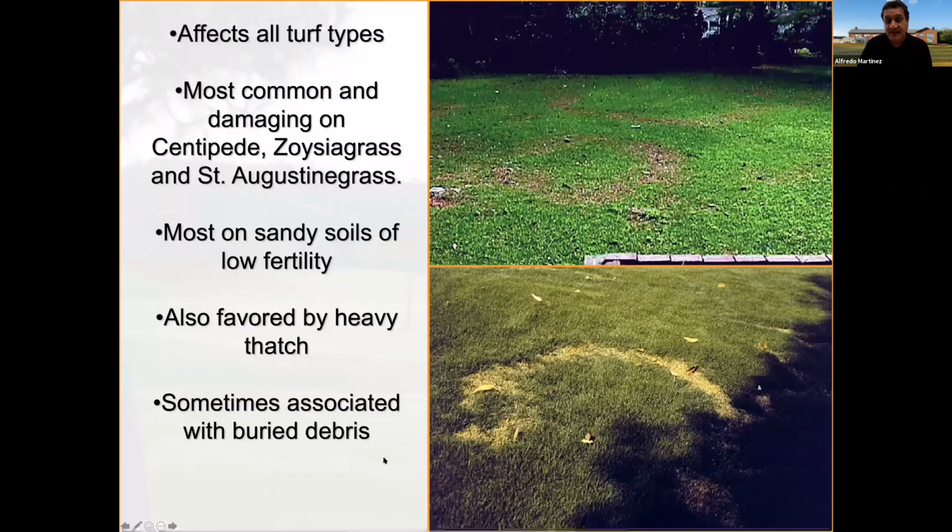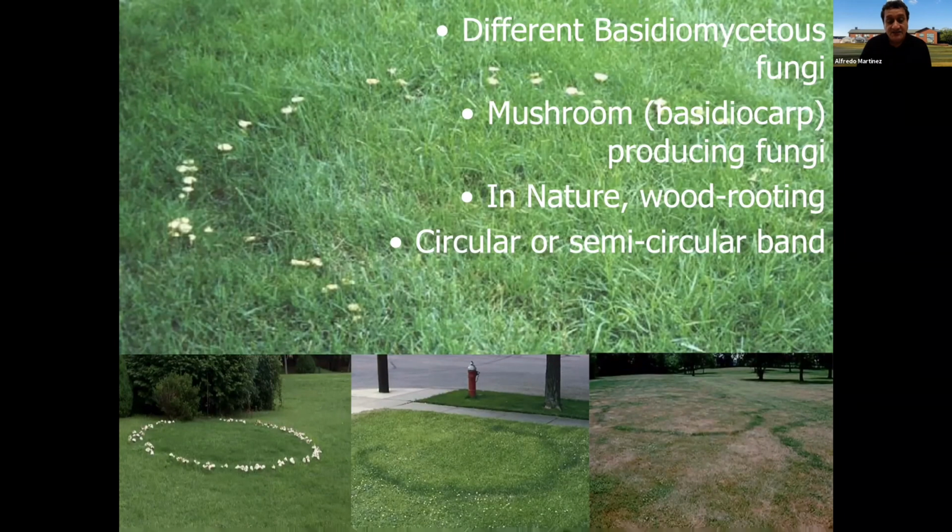Another, and this is the most familiar that we see, leaves nothing growing in that part, basically just like a big ring. And some you just see the basidiocarps, or the mushrooms, there. So there are three types: one that kills, one that overgrows, and one that just produces the mushroom cap.